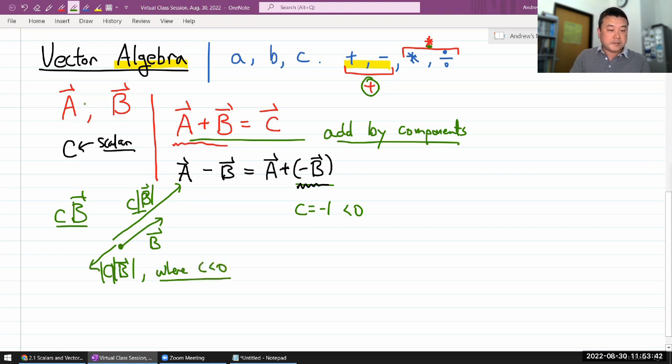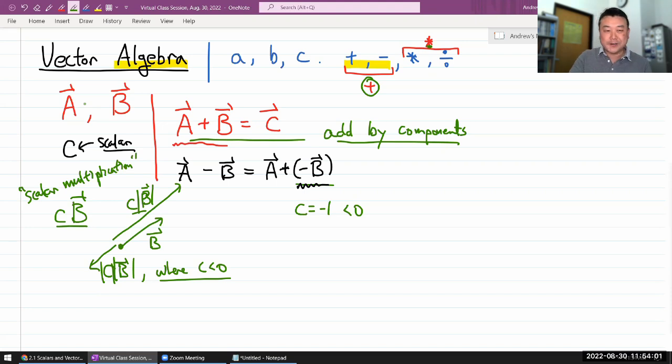The term scalar multiplication can sometimes be confusing because we have something called the inner product, which we sometimes call the scalar product.